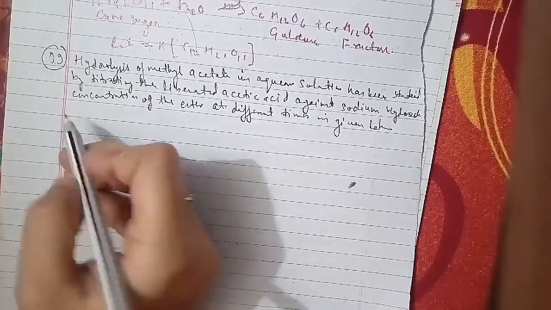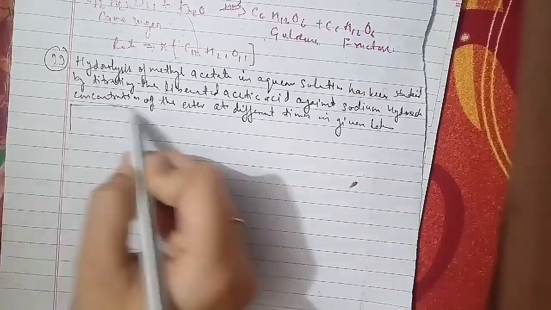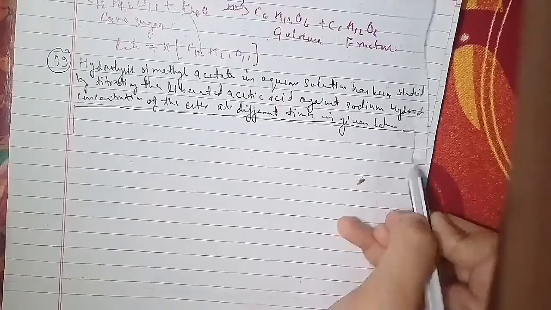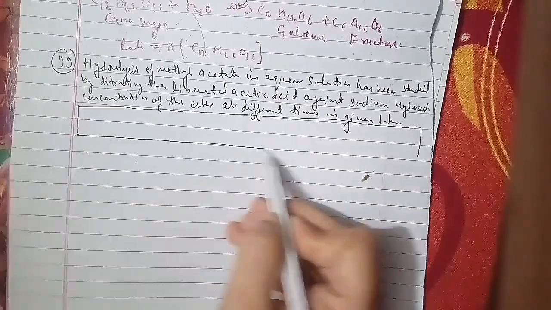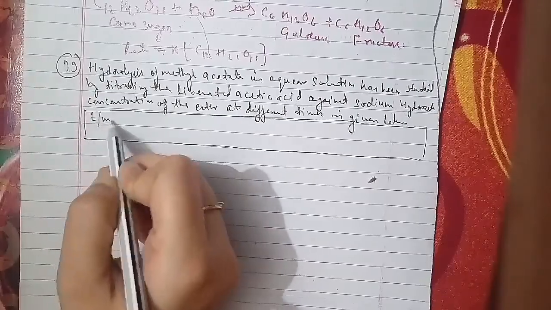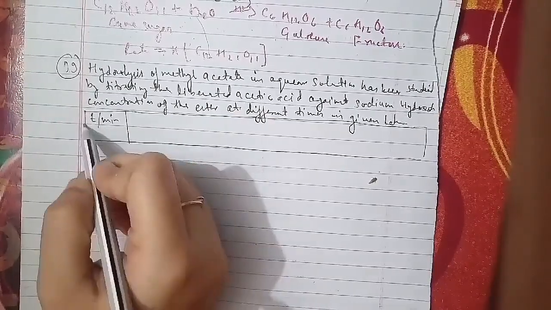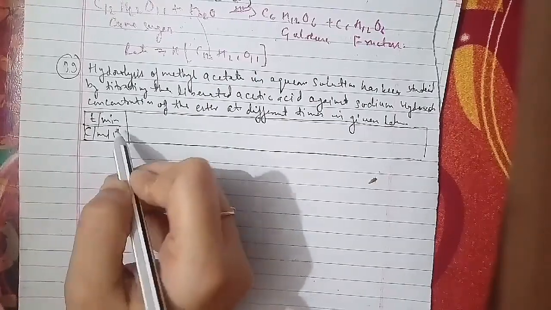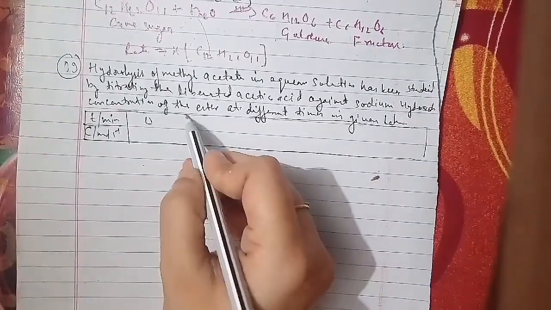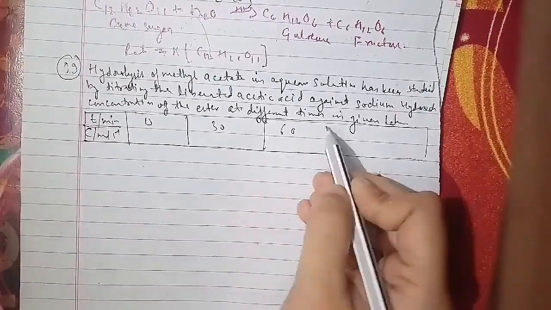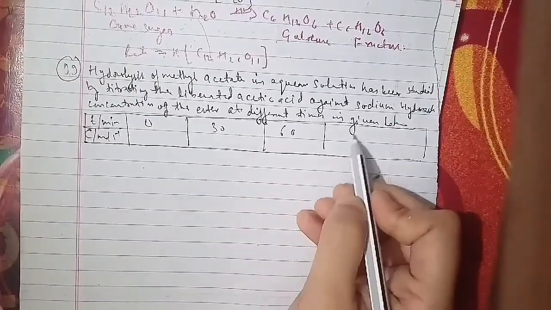So here, this is for the time t per minute, and this is for C per mole liter inverse. For t it is 0, 30, 60 and 90.